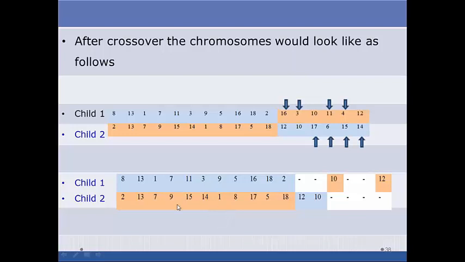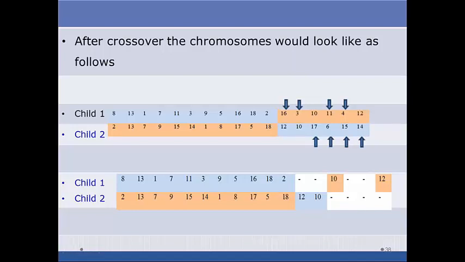Now what is the problem? In these offspring, these are real numbers. While crossovering, these numbers were repeated. See, we can see here this 16 is 16. It is not possible in one chromosome that numbers or genes are repeated. So this is the trouble with the real coded genetic algorithm.